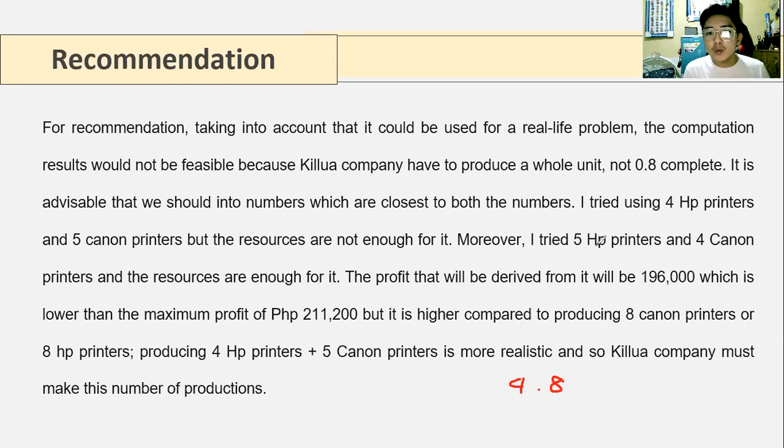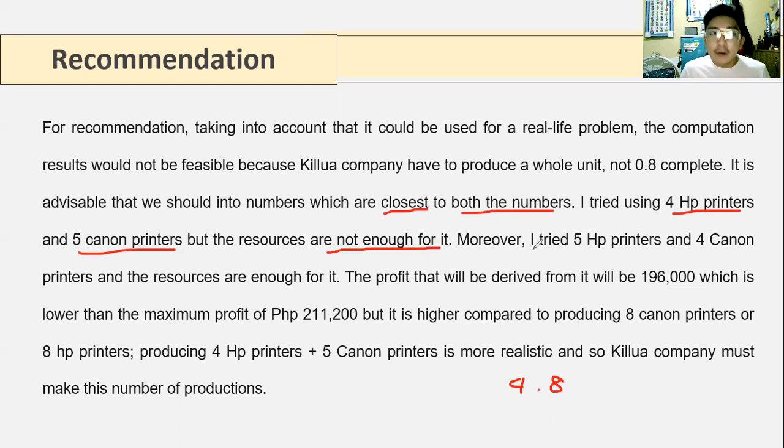So what we're going to do is look at the points closest to both numbers. So I tried using 4 HP printers and 5 Canon printers, but the resources needed to produce that amount of printers are not enough, okay?